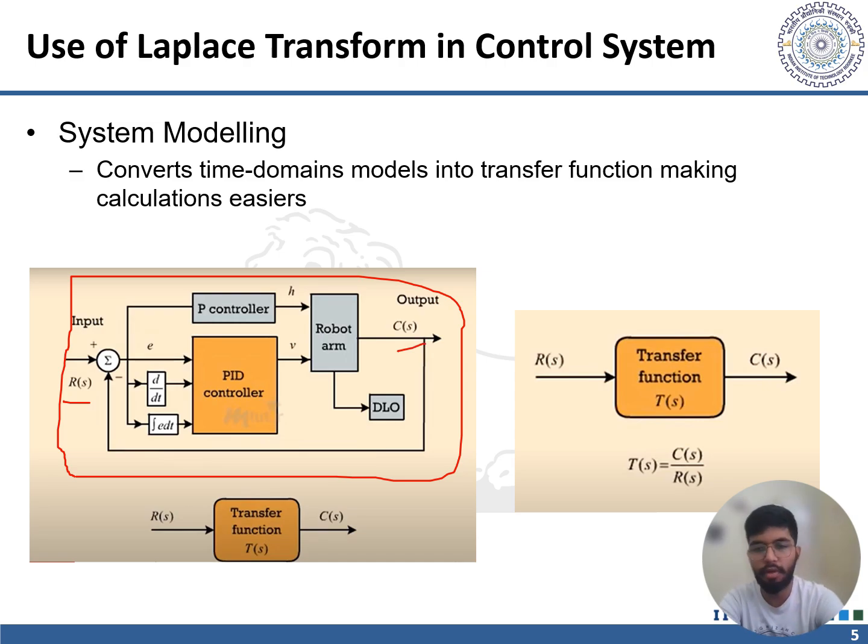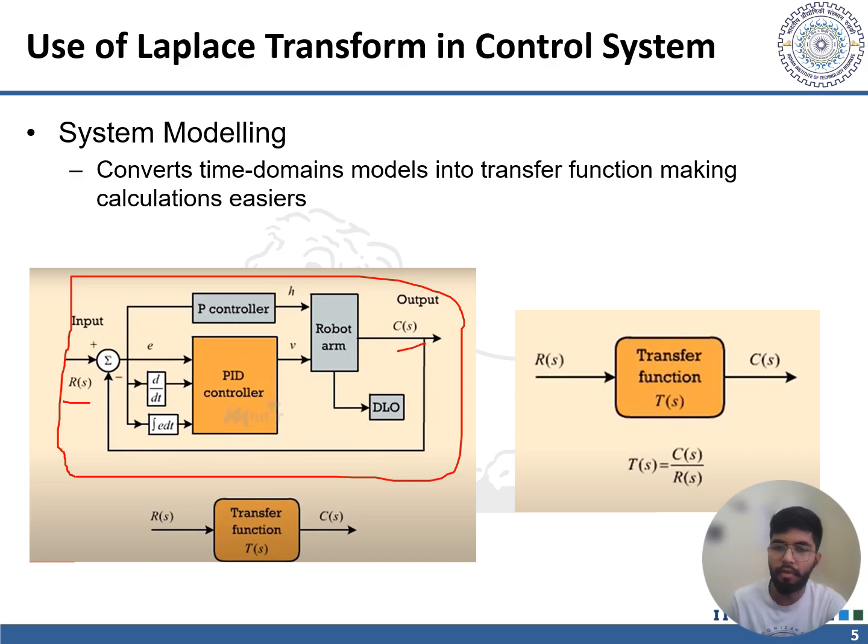While doing system modeling, you are changing the inputs multiple times and looking for the outputs multiple times. For example, you're changing the input by some values and plotting the outputs so that you get to know about the system. But you can see that for a complex system, it is very difficult to calculate each and every time. So what we can do is use a transfer function.